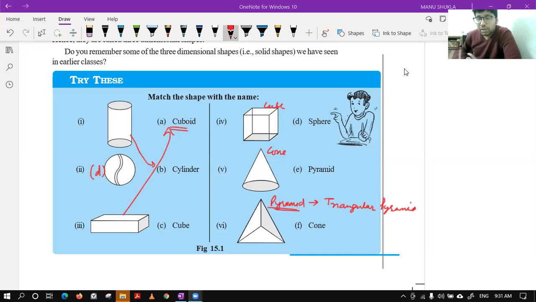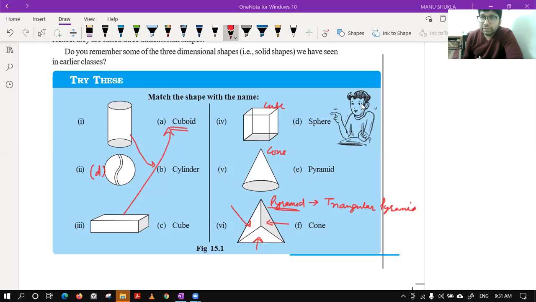In a pyramid we have lateral surfaces as triangles. Bottom can be anything. Bottom can be square, triangle, rectangle, whatever you want, but the lateral surfaces or the side surfaces should be triangles only in the case of pyramids. As you have seen in the case of Egypt, there are many pyramids, all having lateral surfaces as triangles.